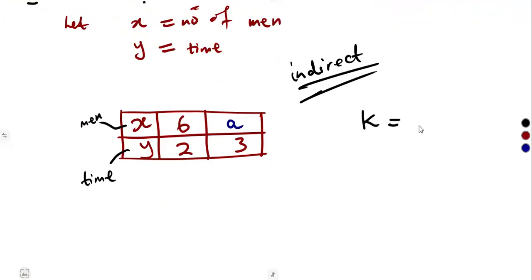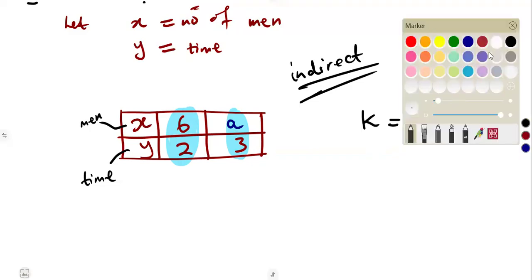K, our constant, is the product of the two variables, X and Y. So the product of the two variables is the same. These two multiplied together must give us these two multiplied together. So you're going to form an equation and solve for A from there. Just like our previous case, we're going to get the same answer.